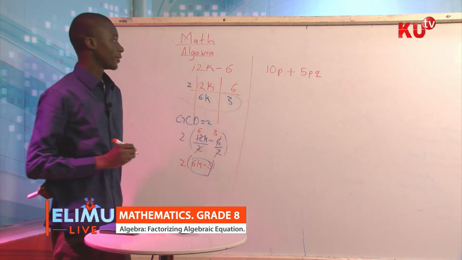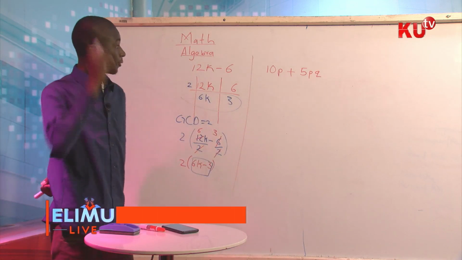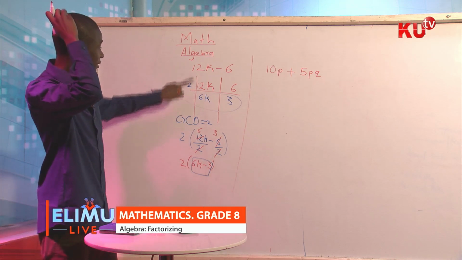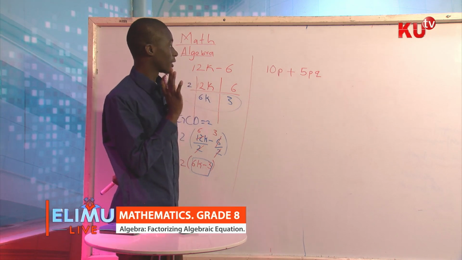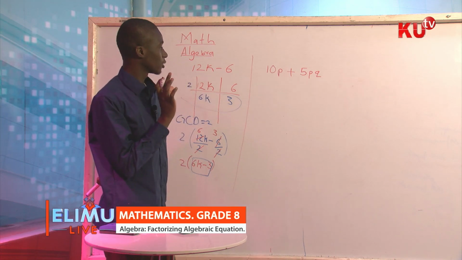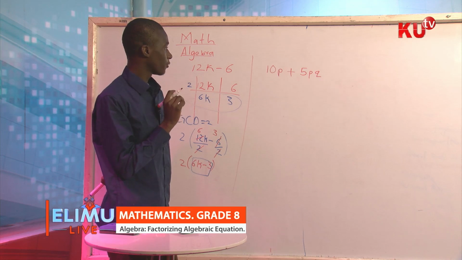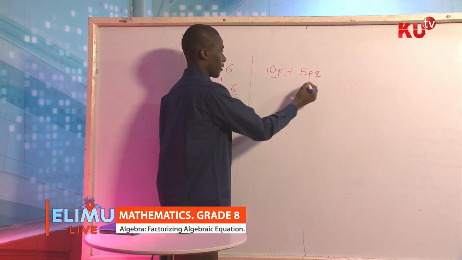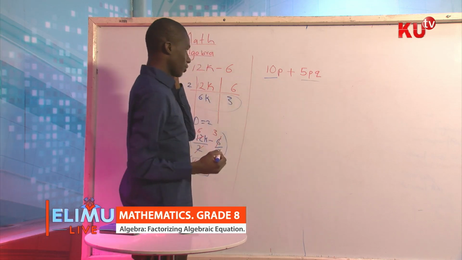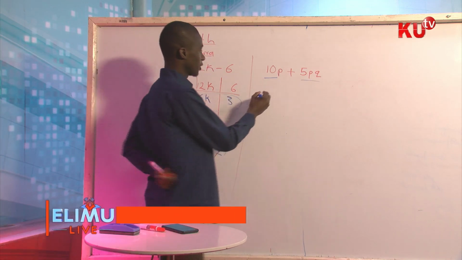We are supposed to factorize that expression also. So what you're going to do is repeat what we did initially. Because this is an expression with two terms, we are also going to obtain the GCD of the two terms. Our first term is this part here, and our second term is this part here.